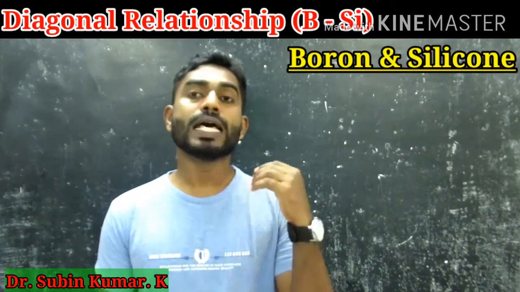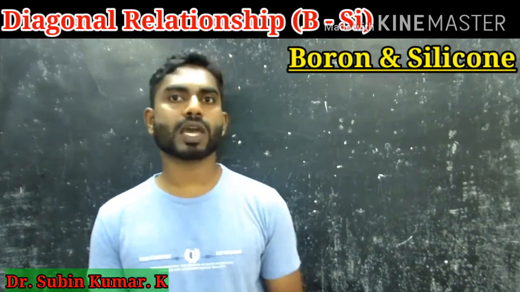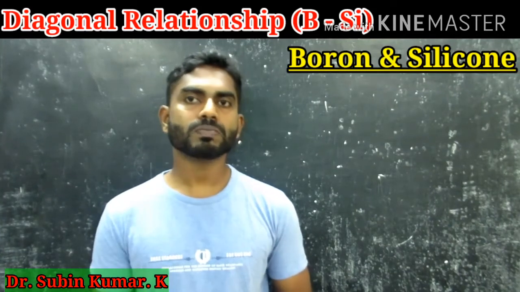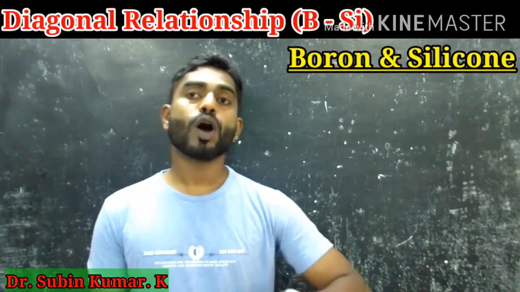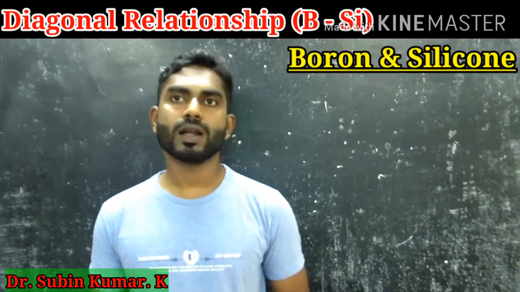This in turn causes such a pair of elements to have several similar physical and chemical properties. Thus, lithium resembles magnesium, beryllium resembles aluminum, and boron resembles silicon in several properties.